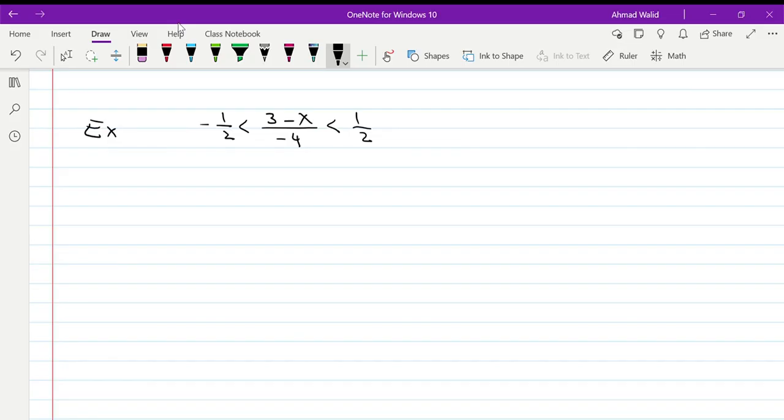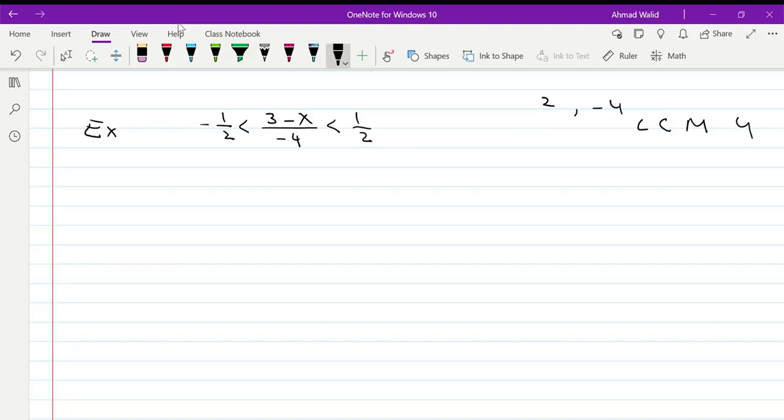Your step 1 is to get rid of the denominator. What is the LCM of 2, negative 4 and 2? Of course, it's negative 4, correct? Or 4, your LCM, maybe you are not aware of that negative. Your LCM will be 4.